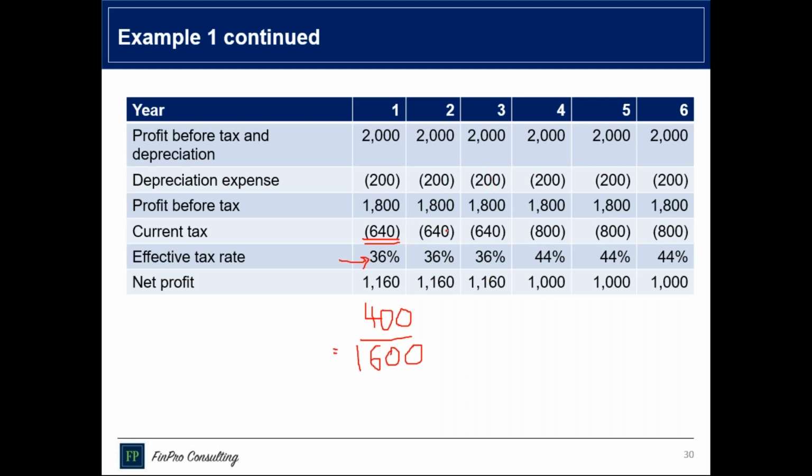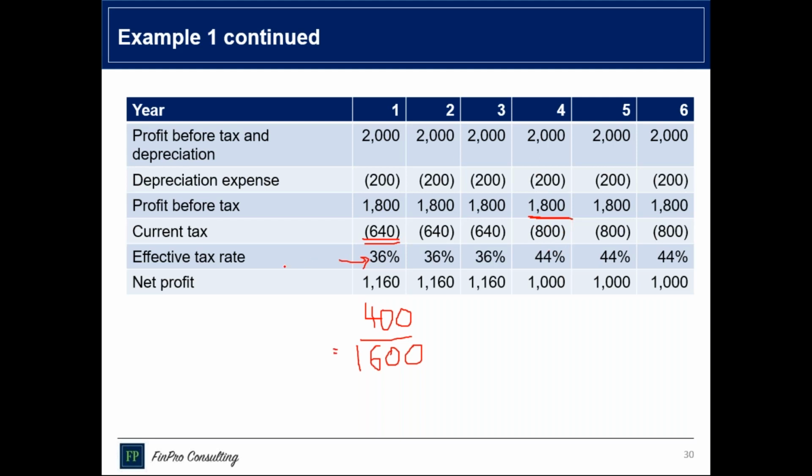Now my asset is fully depreciated as per tax books at the end of the third year. Now when you come to the fourth year, your accounting profit will remain constant at 1800 throughout the life of the asset. However, now the current tax will be directly 40% of 2000 because now my tax depreciation is over.